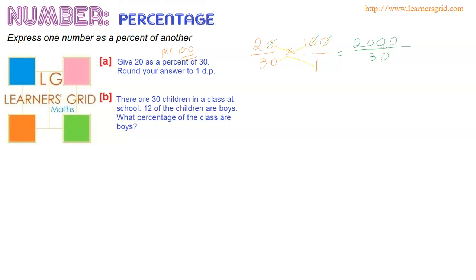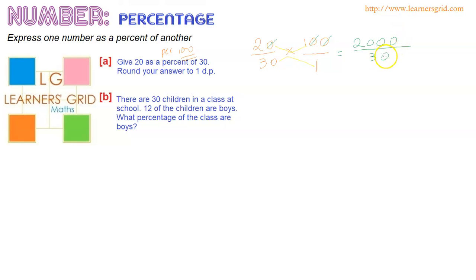Now this obviously is not a percent just yet. What you have to do from here is divide 2,000 by 30. I'm going to make it slightly easier on myself because I can cancel zeros. If I've got zeros on the bottom and zeros on the top, I can cross those out because basically we divide by 10.